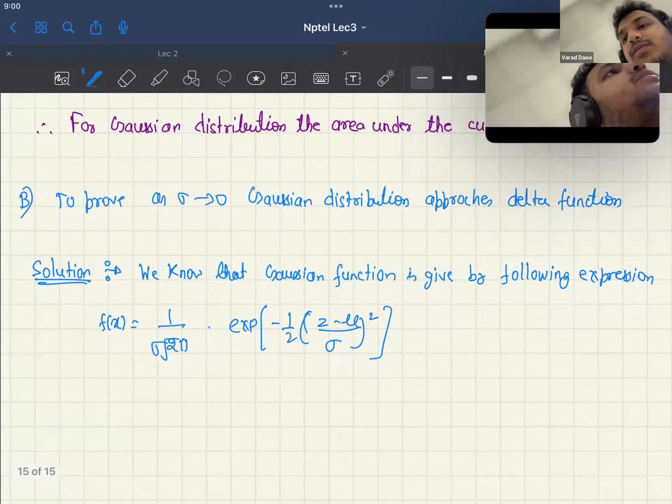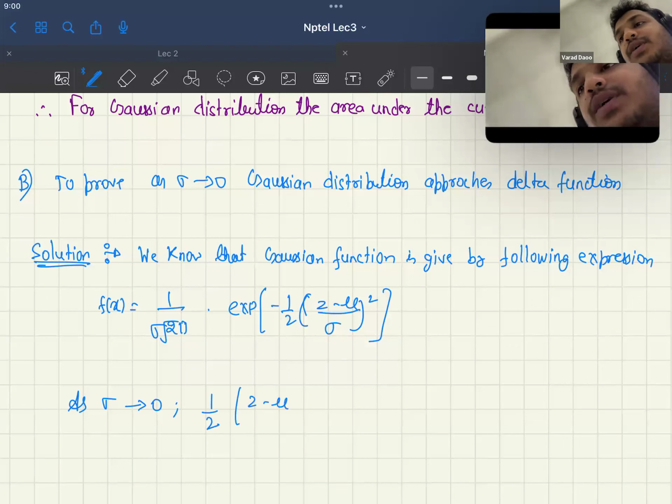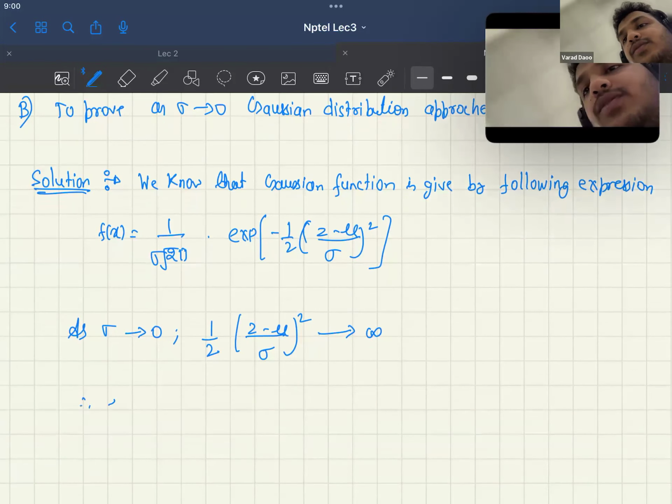Now, as sigma tends to 0, (1/2)((z minus mu)/sigma) whole square tends to infinity. Therefore, exponential of minus (1/2)((z minus mu)/sigma) squared approaches exponential of minus infinity, which is nothing but 0.